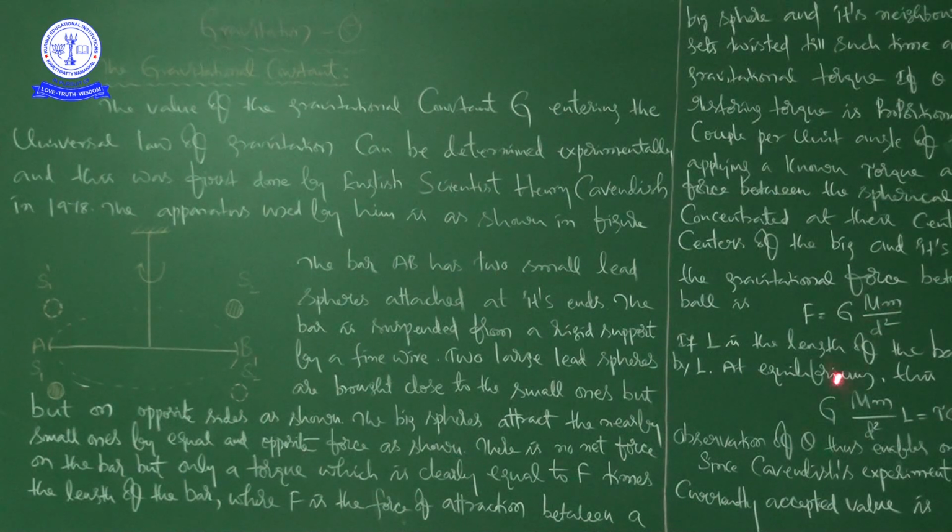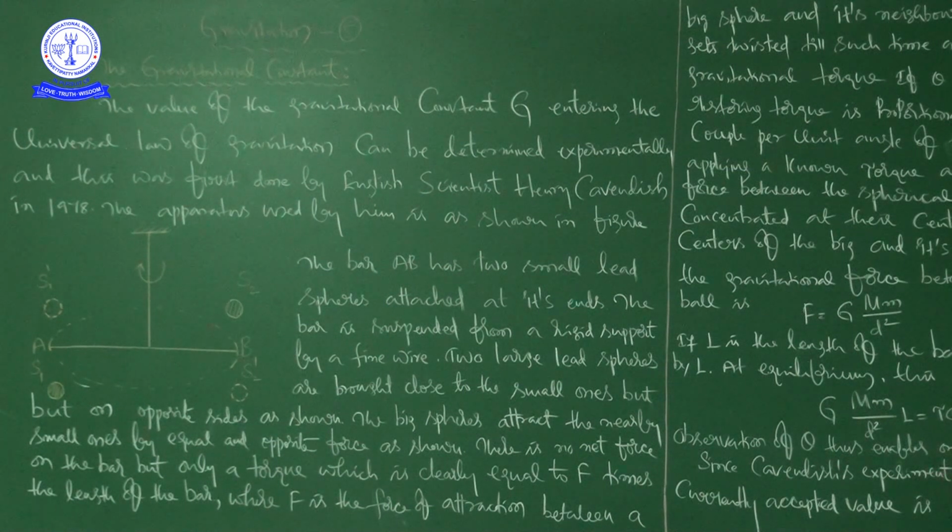When this is the force and L is the length of the bar, this is the gravitational torque. That is equal to the restoring torque, tau into theta. Observation of theta thus enables one to calculate capital G from this equation.